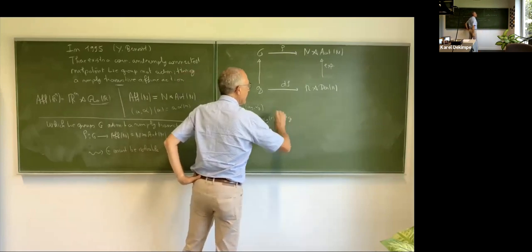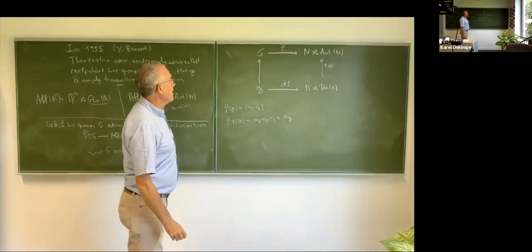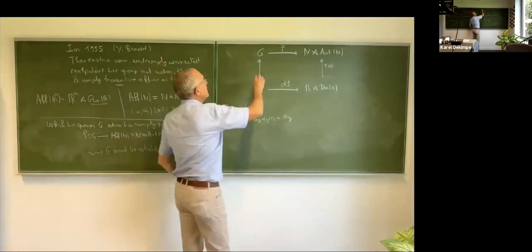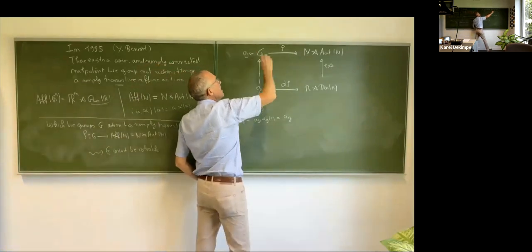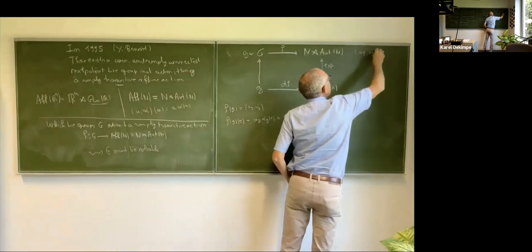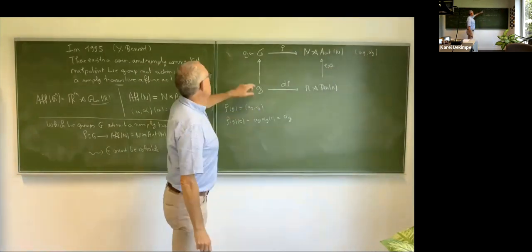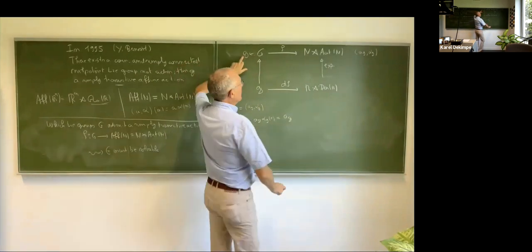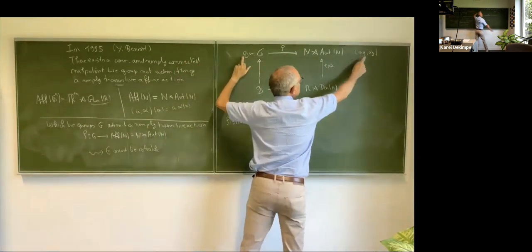So this is again small a of g. Okay. So this means that if I map g to a of g, alpha of g, the map sending g to small a of g has to be a diffeomorphism.